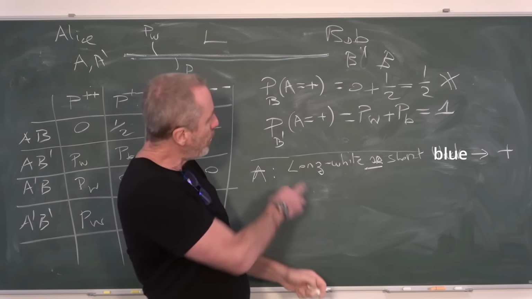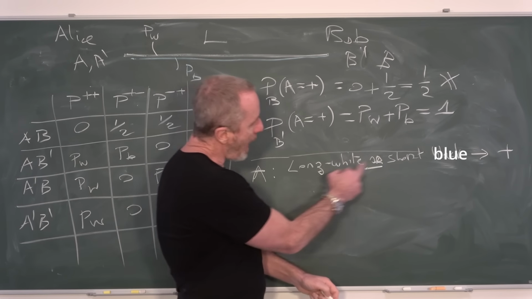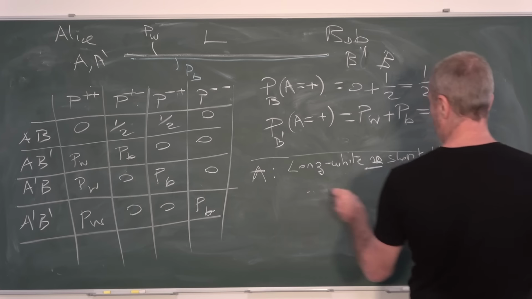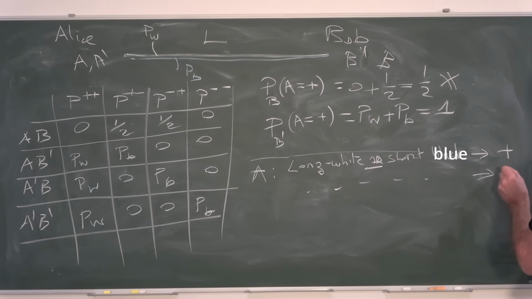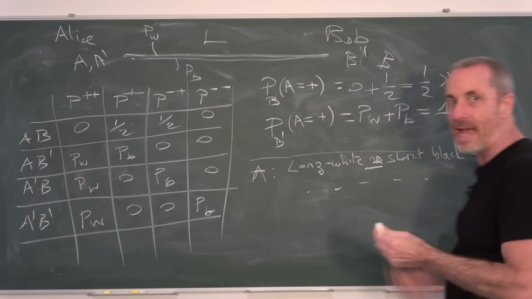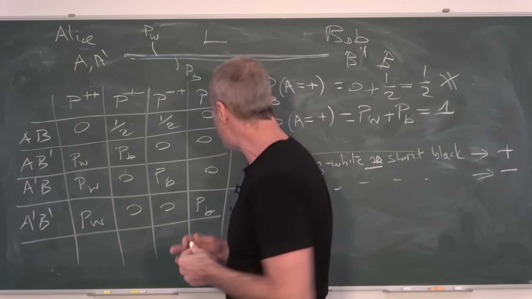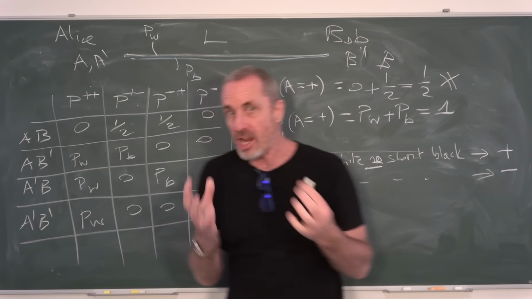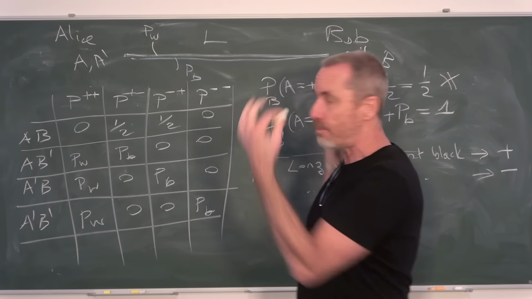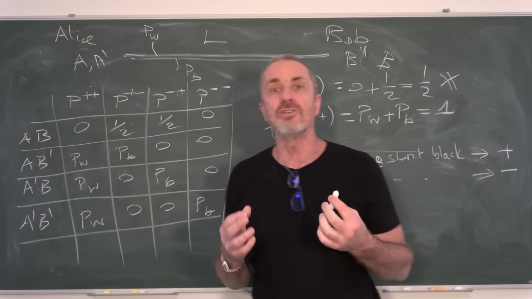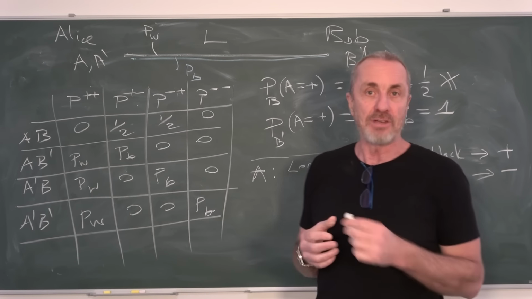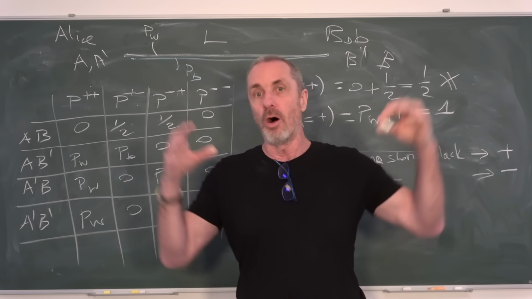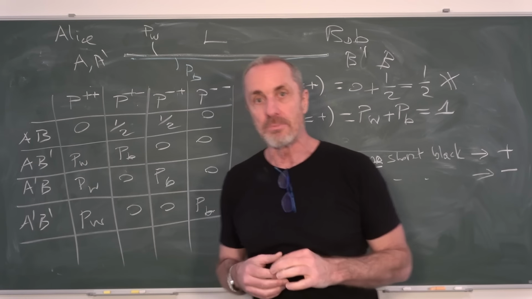And of course, if it is short white or long black, it will be the outcome minus. And Bob will do the same when performing B. So this changes the experimental situation, of course. I've just changed the measurement that Alice and Bob perform on their subsystems.